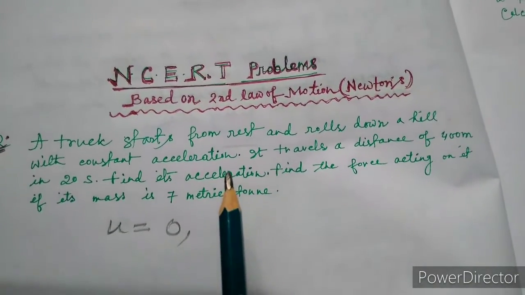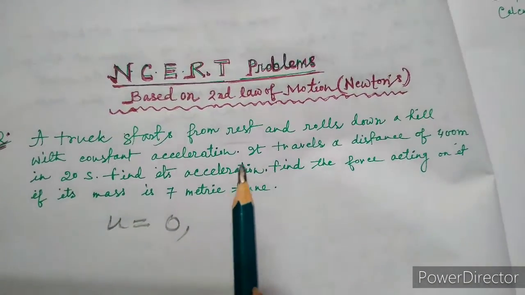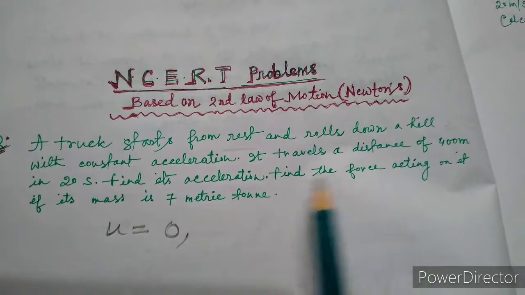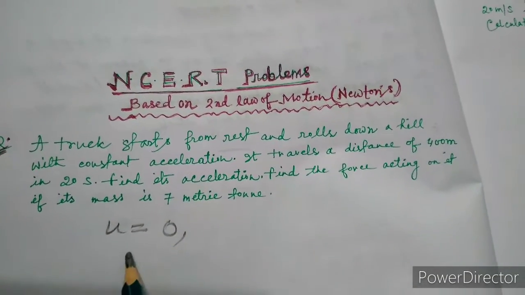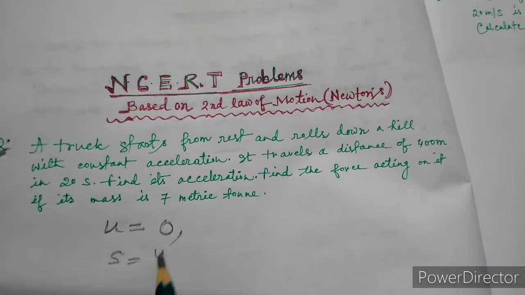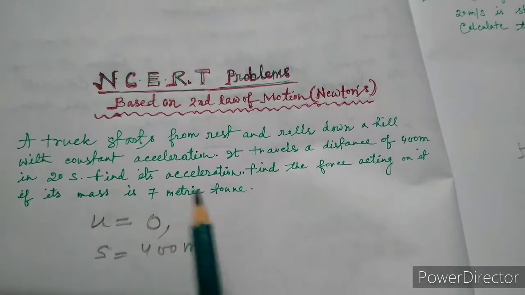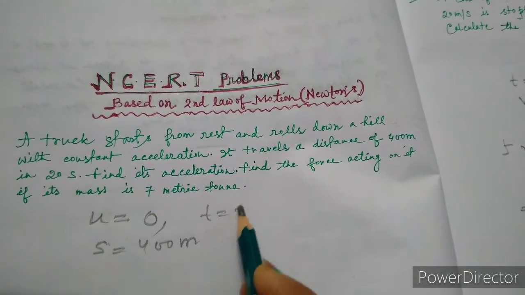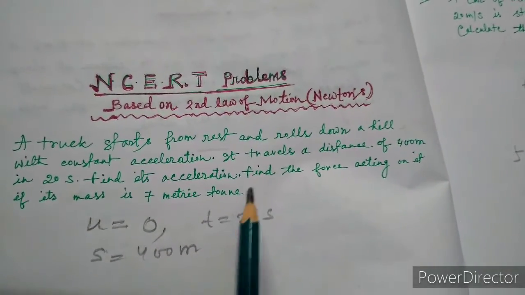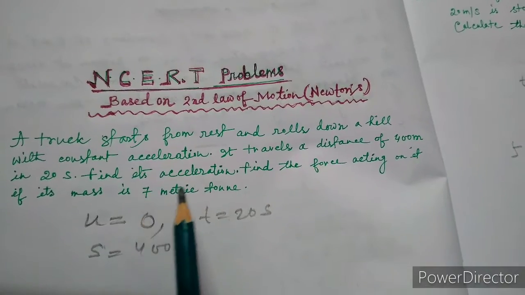See, it is written that acceleration is constant, although its value is not given. It travels a distance of 400 meters, so S is equal to 400 meters, in 20 seconds. So time is equal to 20 seconds.